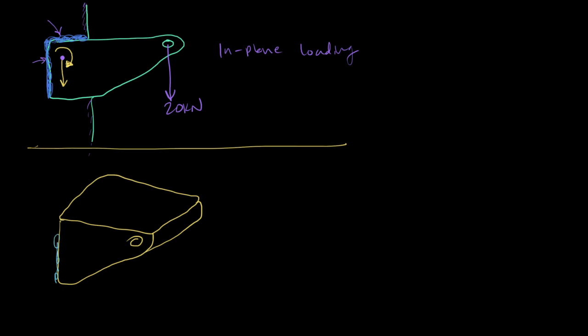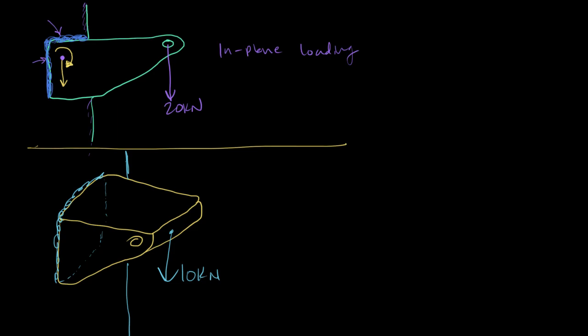Let's say it goes over the whole thing, and this is welded to some backplate, and we have a load here in the middle of, say, 10 kilonewtons. The question is, how do we analyze this load?